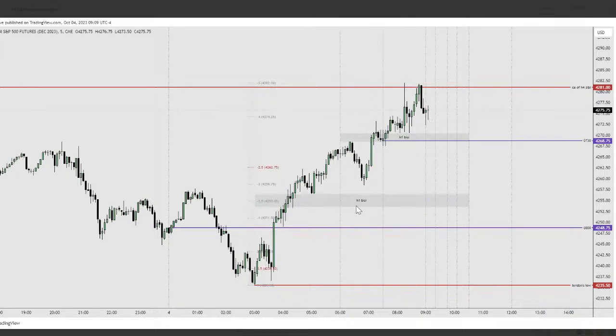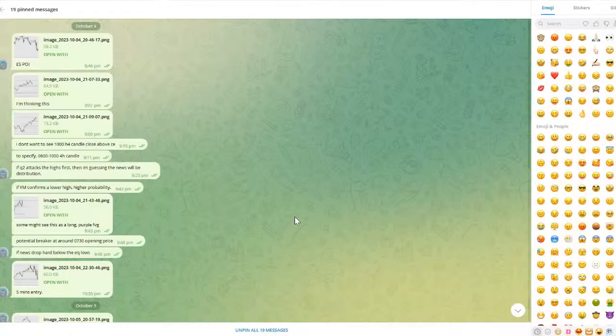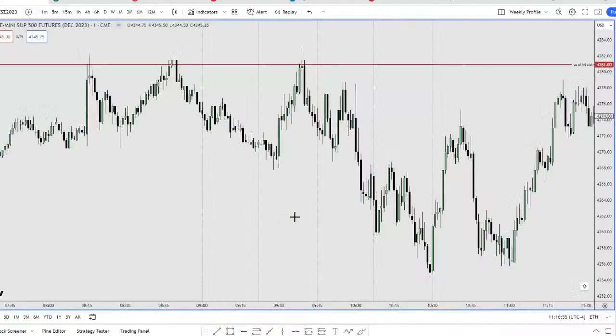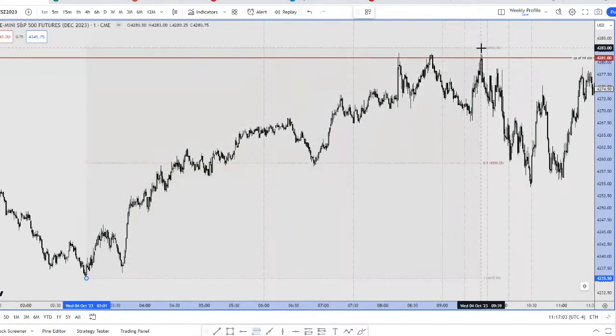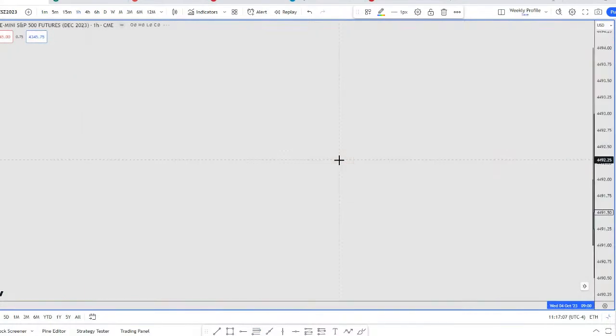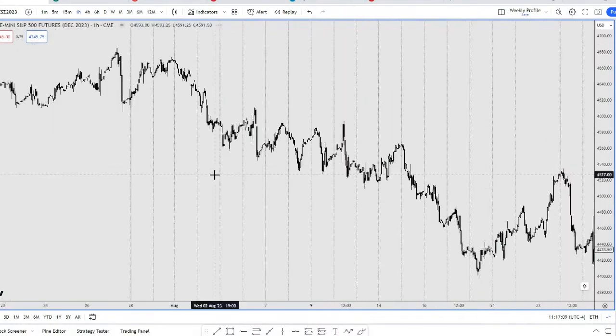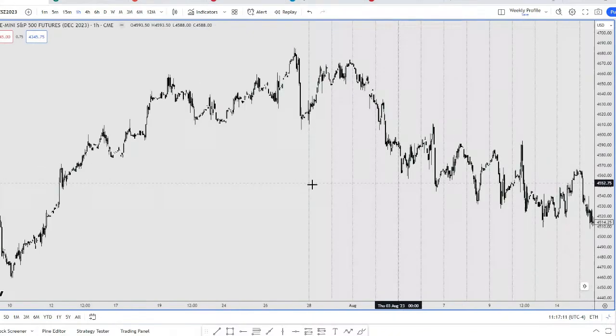Okay, so this 1 hour BC right here is below 50%. Okay, I believe it's below. Let me just check. Yes. So the 1 hour BC, gonna reverse back.